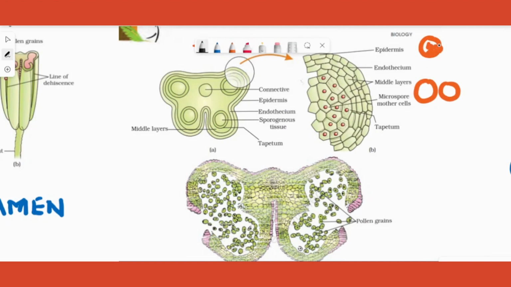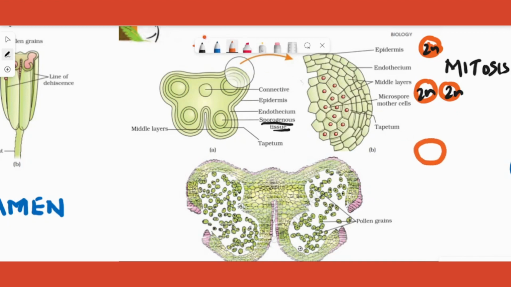If the chromosome number here is 2n, here also 2n, here also 2n. What kind of division is it? It's called mitosis. The sporogenous tissue cells or the PMC, pollen mother cells, are not undergoing that kind of division. Instead, it is undergoing another type of division called as the meiotic division.